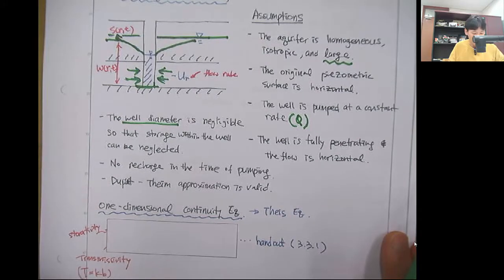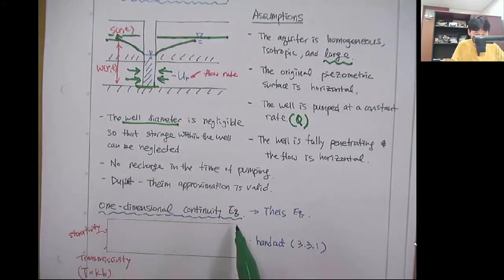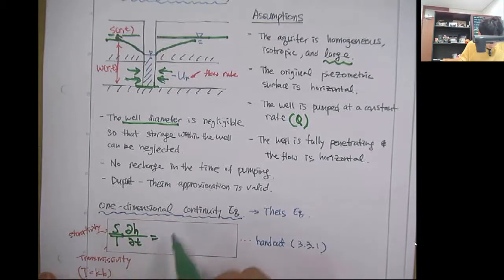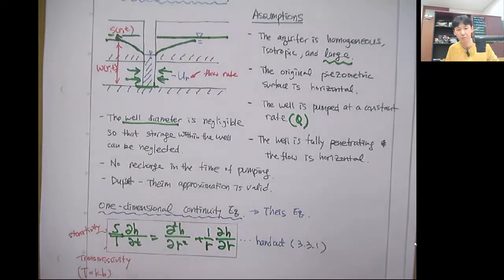So let's derive the one-dimensional continuity equation. And this equation is S over T, ∂h/∂t, equals ∂²h/∂r² plus 1 over r, ∂h/∂r.